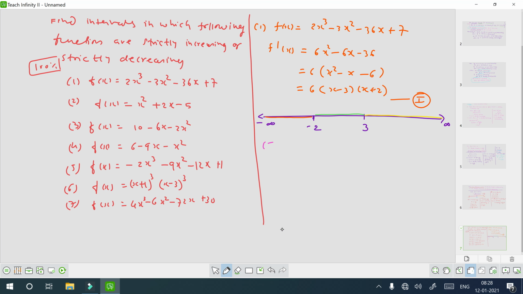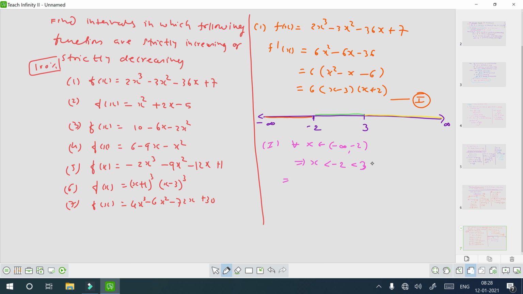First one, for all x belongs to minus infinity to minus 2, x is less than minus 2. Definitely it is also less than 3, as minus 2 is less than 3.